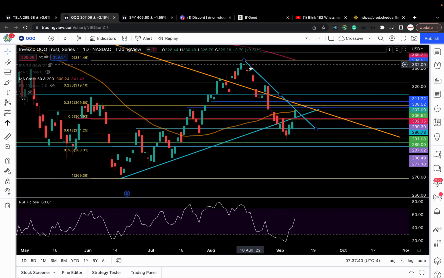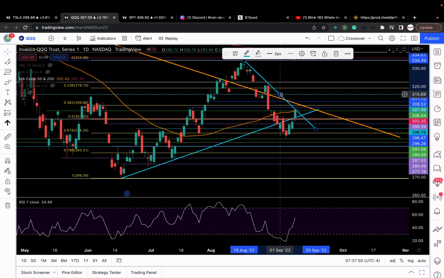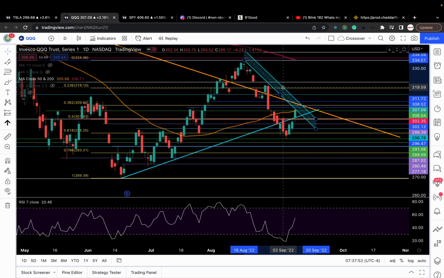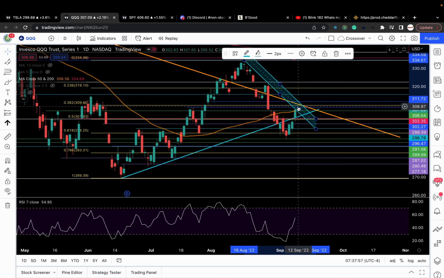But I do have this trend line here, starting from the August 16 high, connected to the August 26 high, and we got the third touch today. So very similar to the area of liquidity for SPY. In this blue zone here, we have an AOL, and it can be up to the 309 to 310 level.